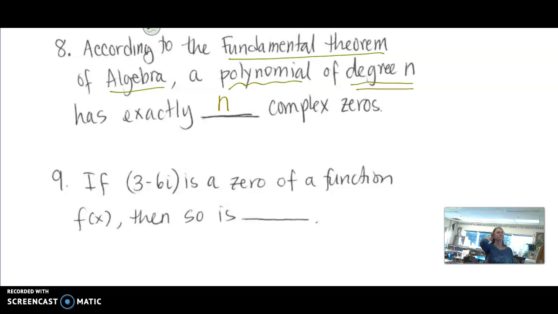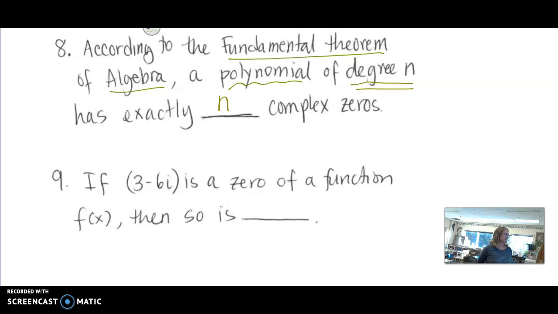Some of them might involve i, and some of them might be real. But if you factored it completely, you would find that you would have exactly n zeros for an n degree polynomial. So if you have a fifth degree polynomial, there will be exactly 5 zeros. If you have an 8th degree polynomial, you'd have exactly 8 zeros. That's what the fundamental theorem of algebra tells us.